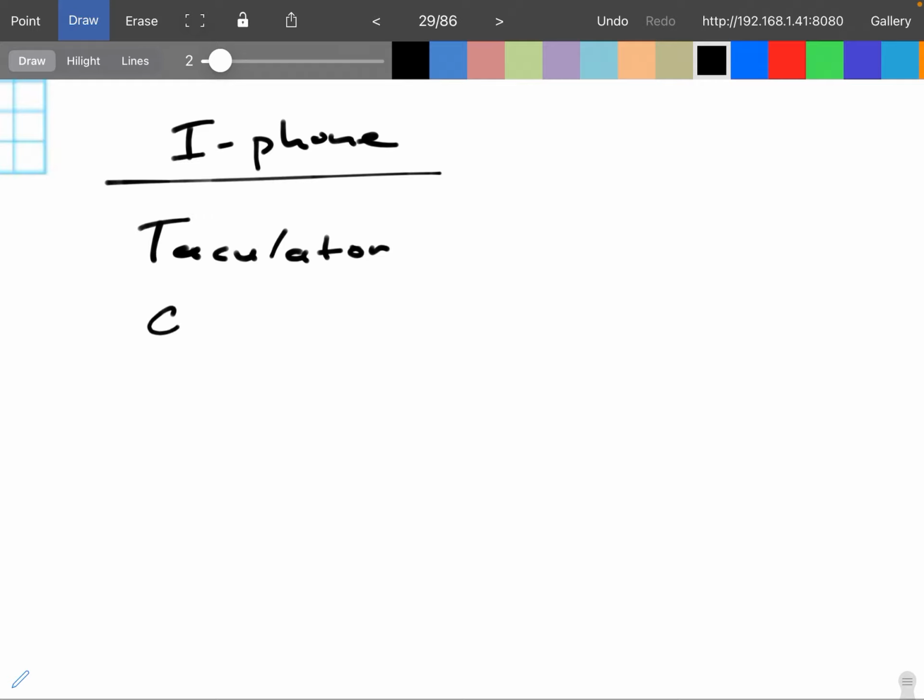Another one for iPhone that I found is Graphing Calculator X84. And again, this is for when you're remote, and it's definitely going to help with section 8-4 in terms of checking your work.